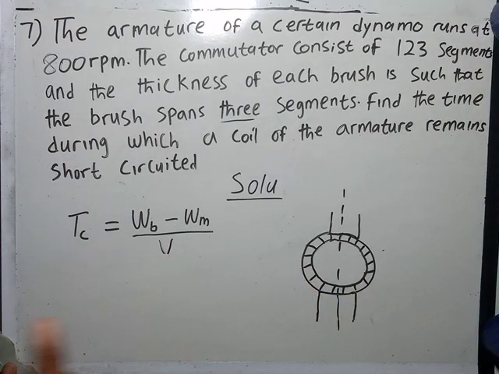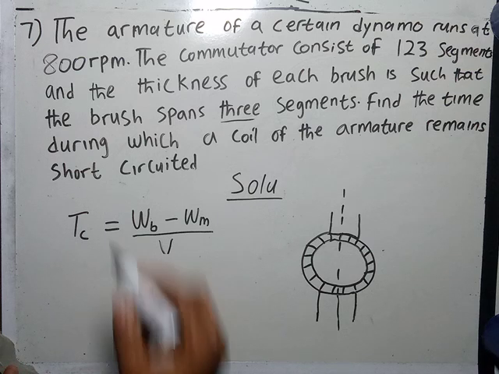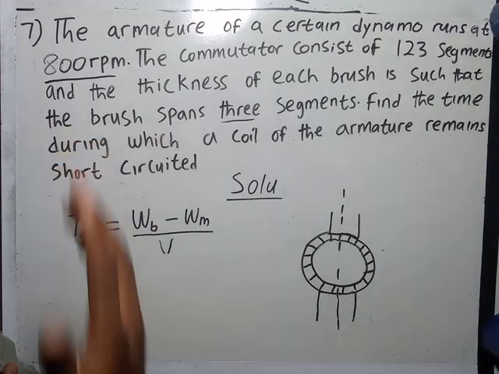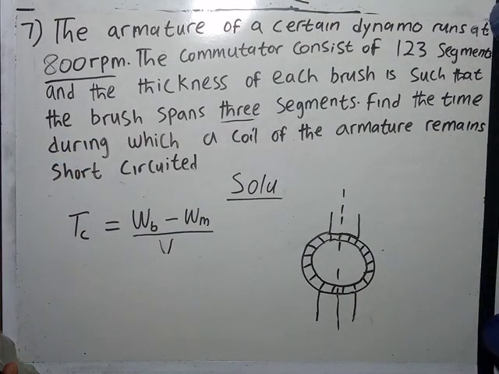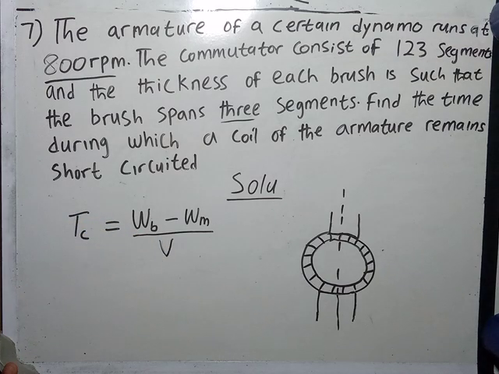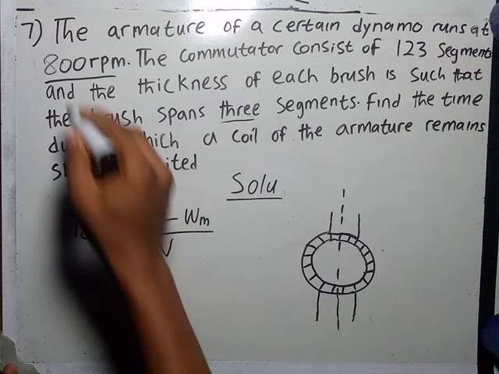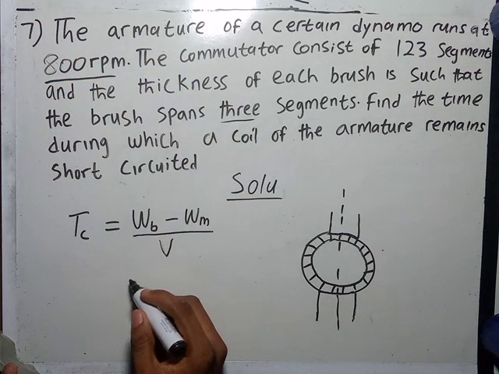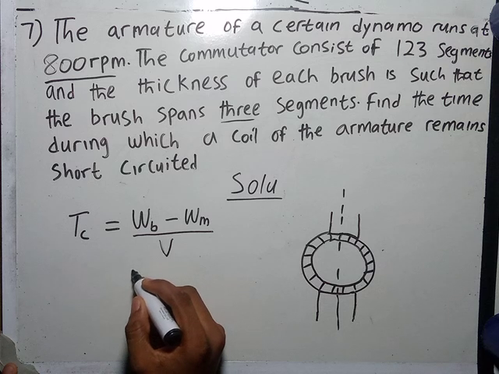So we are given our speed to be 800 RPM. This is our known speed. Now, for us to express it in terms of segments per second, we will first convert this into revolutions per second.